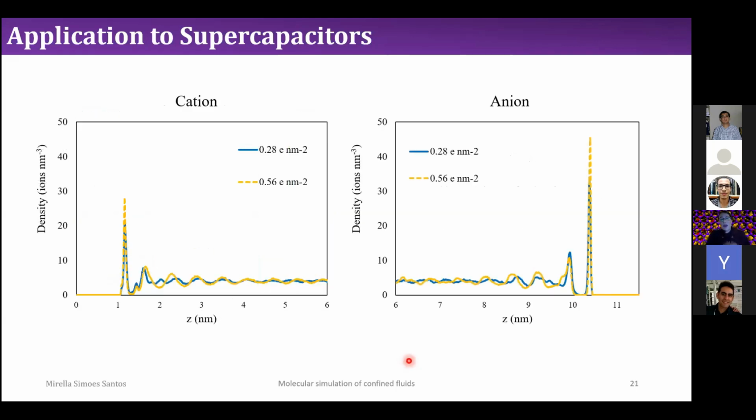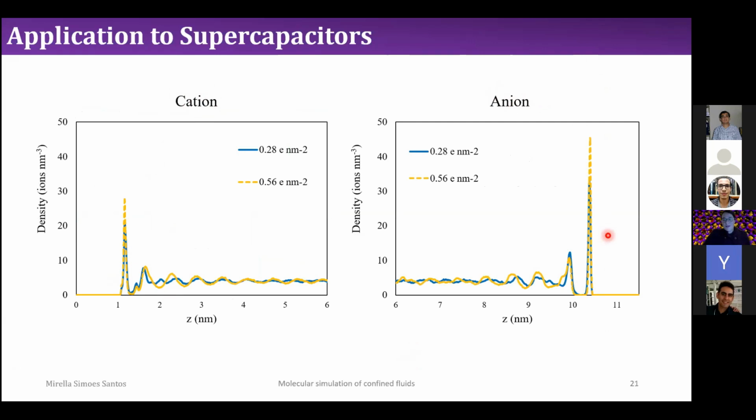And so here, when we do apply a charge on the electrode surfaces, what we have here is the density profiles for the cation and for the anion. So the anion is mostly adsorbed on this side.